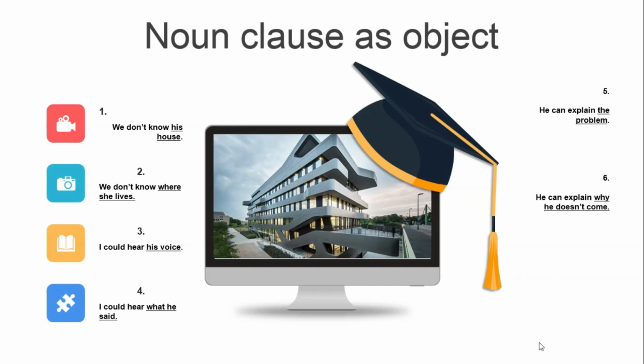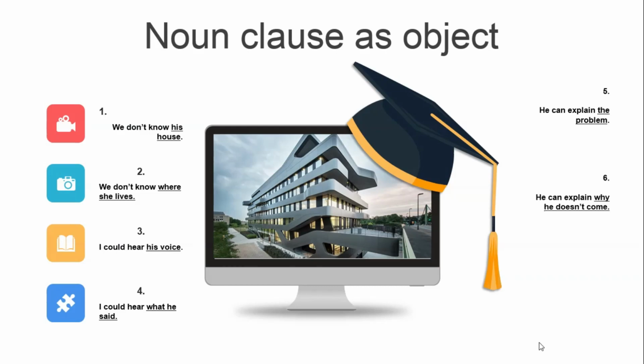Alright, everyone. That's what I explained about some examples of English grammar. And then now we move to conjunctions in noun clauses. Of course, there are some conjunctions that we use in noun clauses.